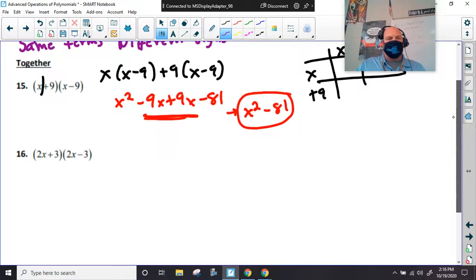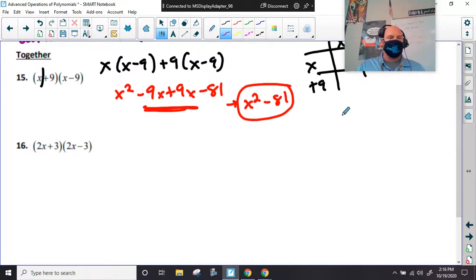Like if we were to look at number 16, when I'm saying the same terms, this has a 2x, this has a 2x. This has a 3, this has a 3. And this has a plus, this has a minus. So when we see this, we know that the middle terms will cancel out. All right. So we would have like 4x squared plus 6x minus 6x minus 9.